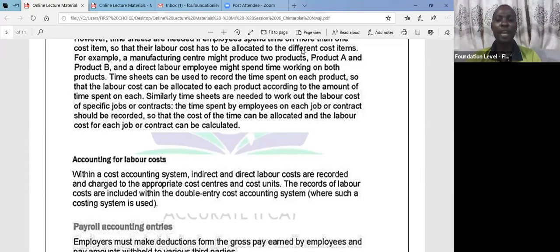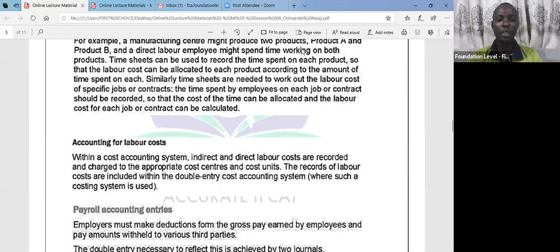The record of labor costs is included within the double entry cost accounting system. So let us see some of them here.